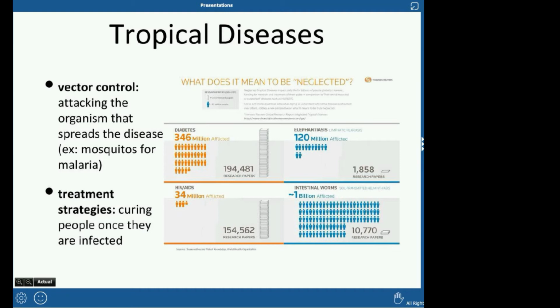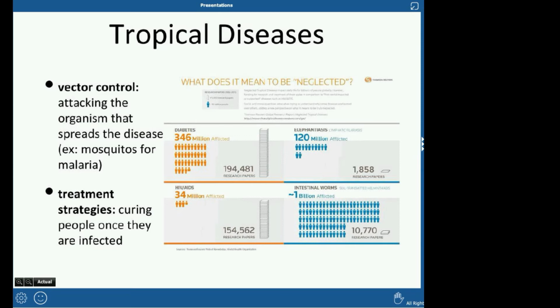There are some diseases like cholera that are spread from drinking water. If you clean up the drinking water, which basically kills the critter that causes cholera, then you're killing the vector, right? You're controlling the vector.